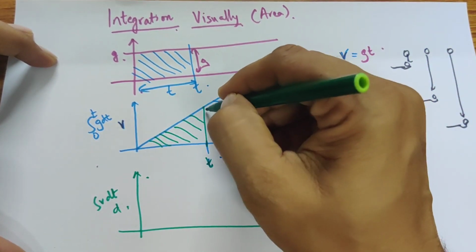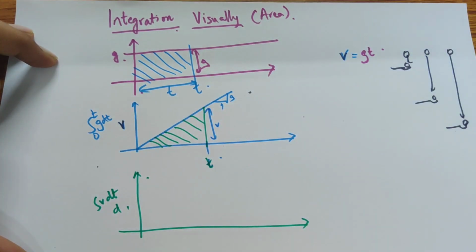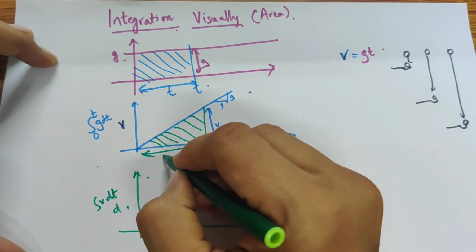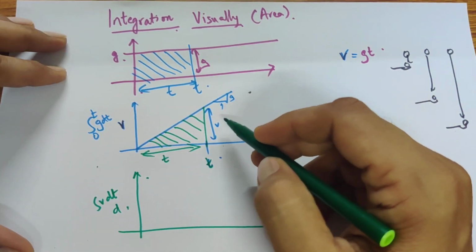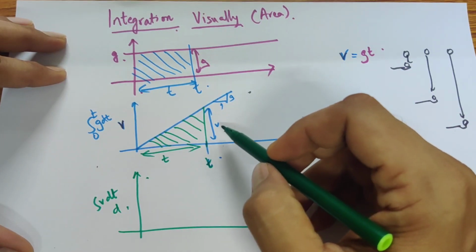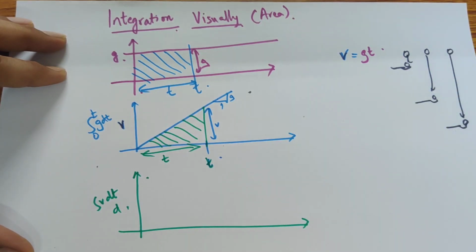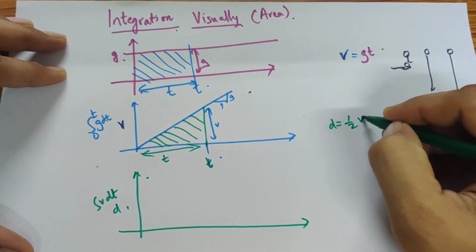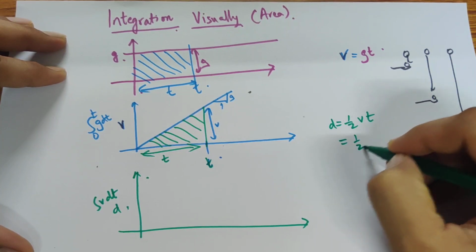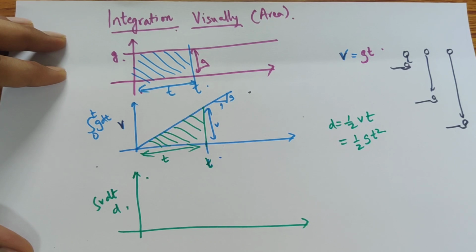The height of the triangle is v, and the base is t. So half base times height, half of vt. Now v itself is gt, so my distance becomes half of v times t, which is half g t square.